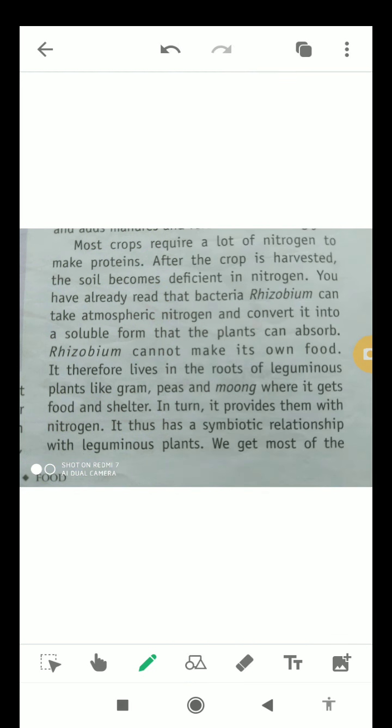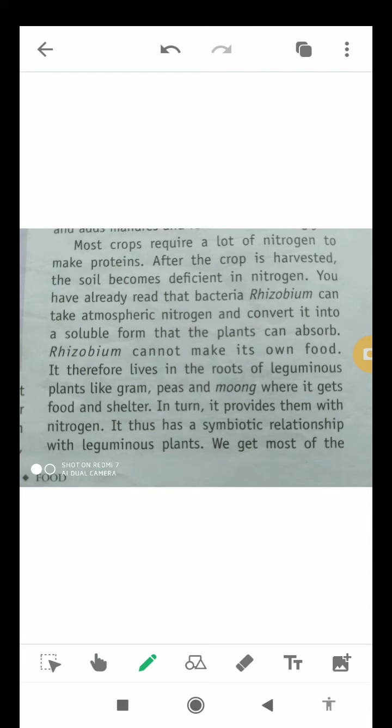Most crops require a lot of nitrogen to make proteins. After the crop is harvested, the soil becomes deficient in nitrogen. You have already read about the bacteria Rhizobium that can fix atmospheric nitrogen and convert it into a soluble form that the plants can absorb. Rhizobium cannot make its own food.